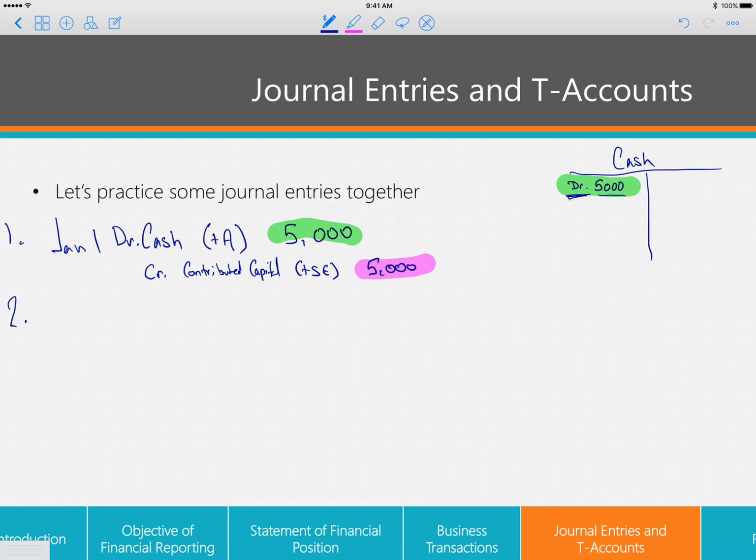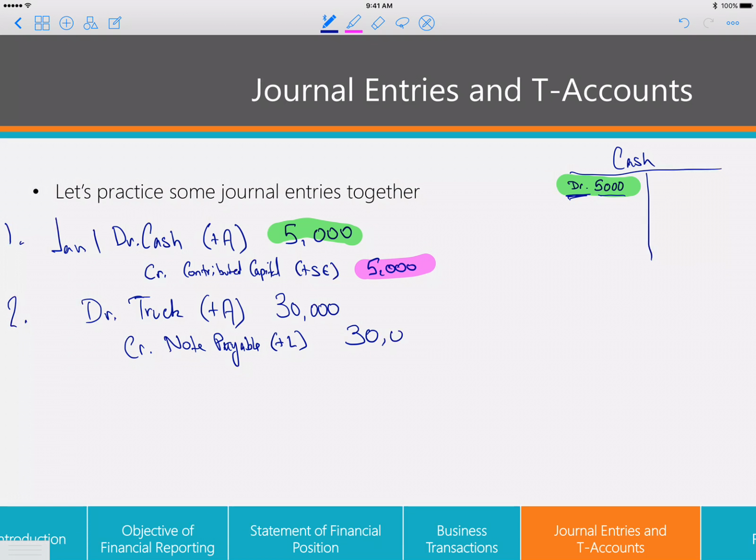So we debit truck, and this is an increase in assets, and it was purchased for $30,000, but it was not paid for in cash. Instead, we are going to credit note payable. And remember, payable is a red flag that it is a liability.